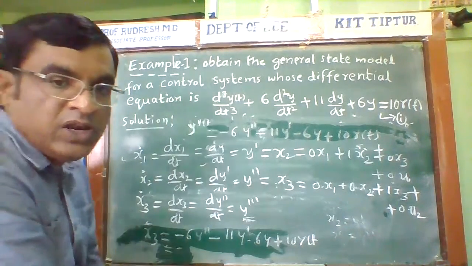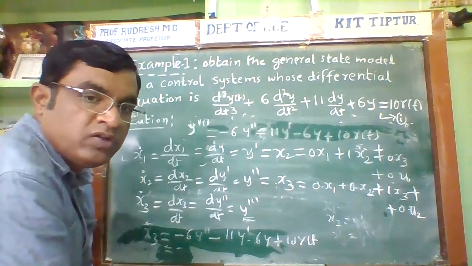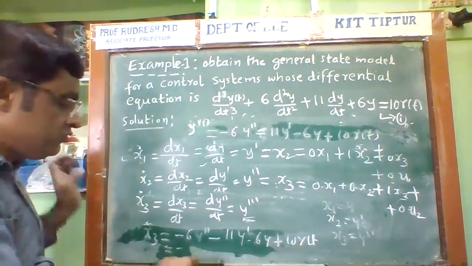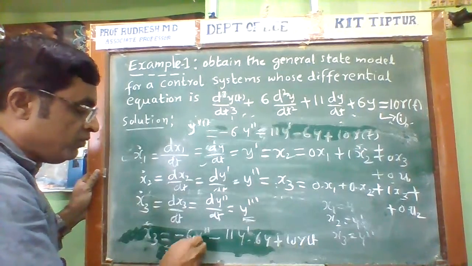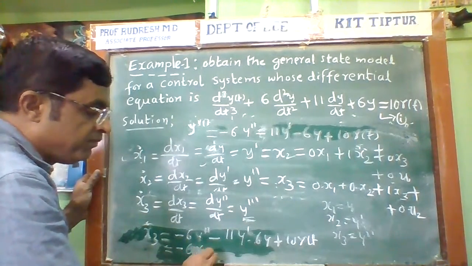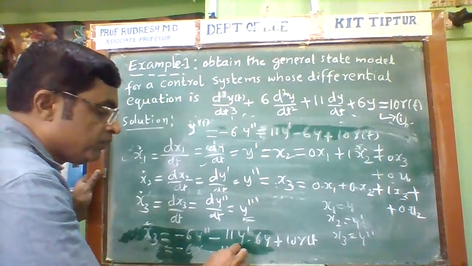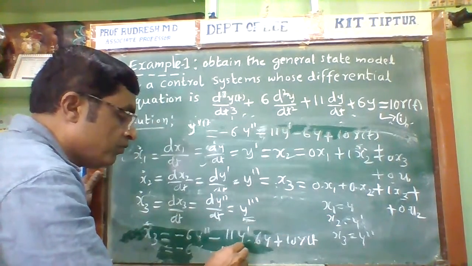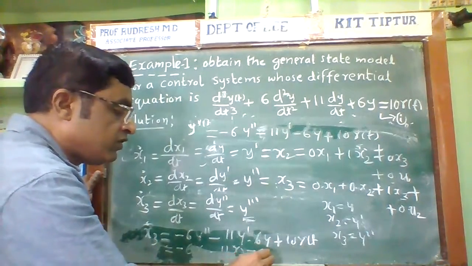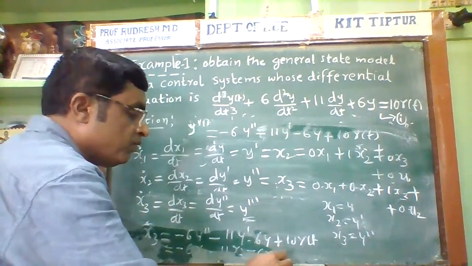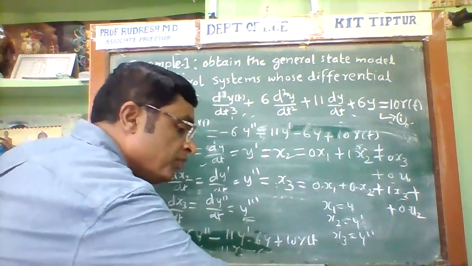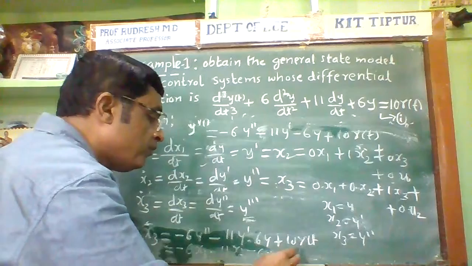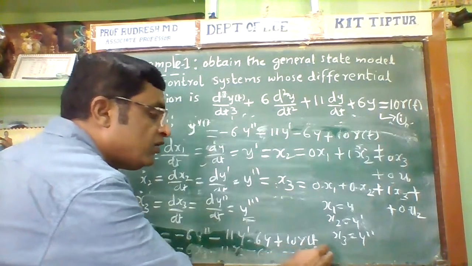At the beginning itself I assigned the state variables: x1 is equal to the output variable y, x2 is equal to y dash, and x3 is equal to y double dash. Therefore minus 6 into y double dash is minus 6 into x3, 11 into y dash is 11 into x2, minus 6 into y is minus 6 into x1, plus 10 into r of t, which is nothing but u of t.